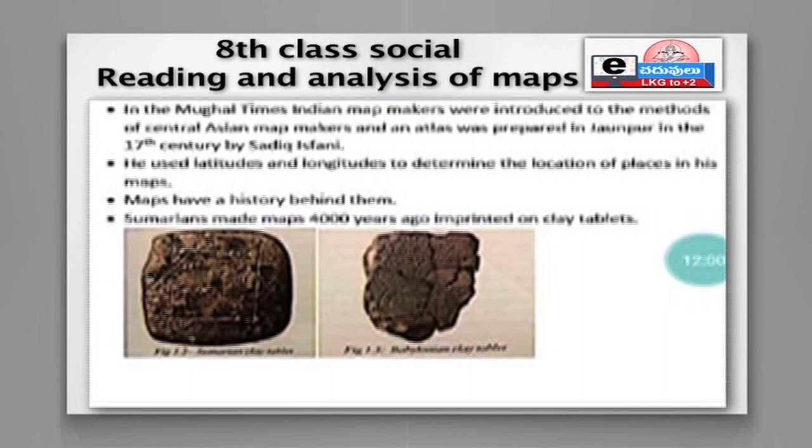To make a clear picture of this, they made maps on clay tablets. The Babylonians, also from present-day Iraq, made some of the earliest world maps, that is, the world as they thought of it. We have given one of the maps below. Here we can see one map which was drawn on a clay tablet about 2600 years ago.